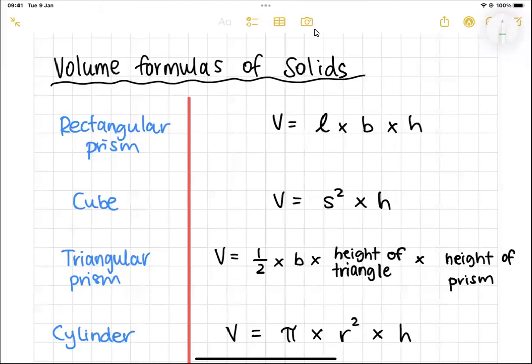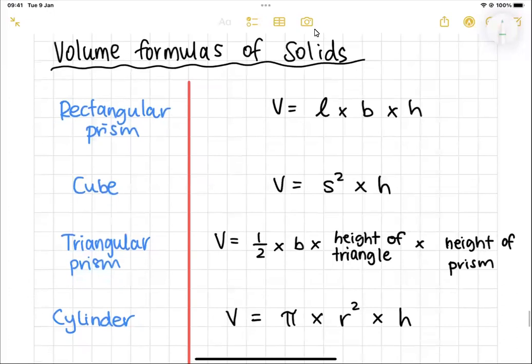So for example, a hexagonal prism, where then you will need to use your knowledge about the other area formulas of the special quadrilaterals. So for example, trapezium, parallelograms, rhombus, and kites to solve that. But in this video, I'm going to focus on the common solids.